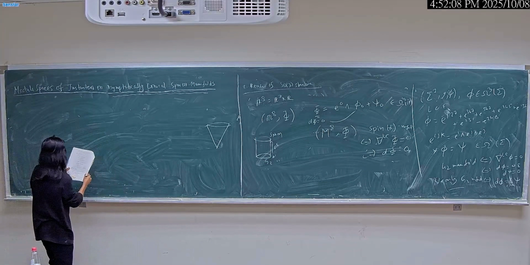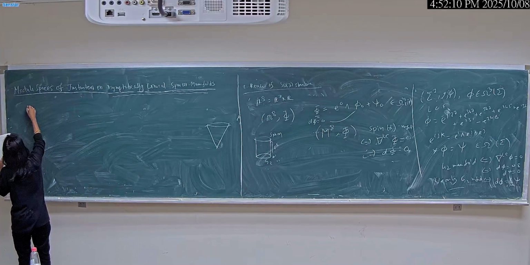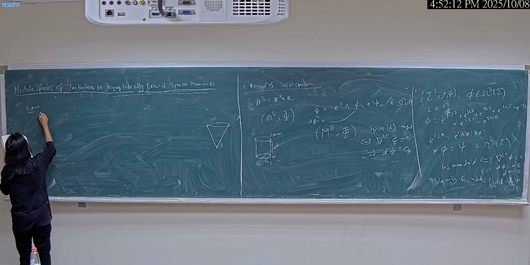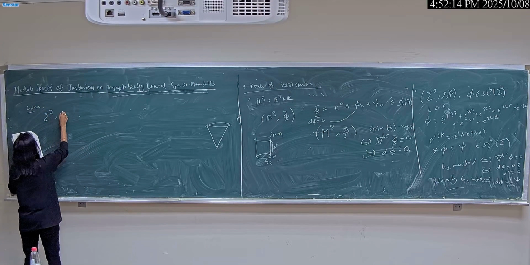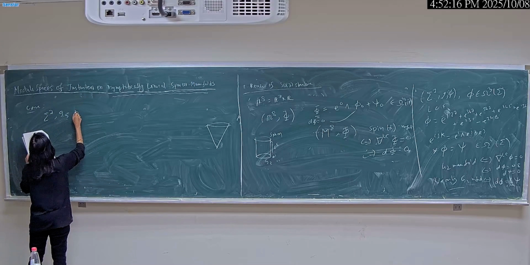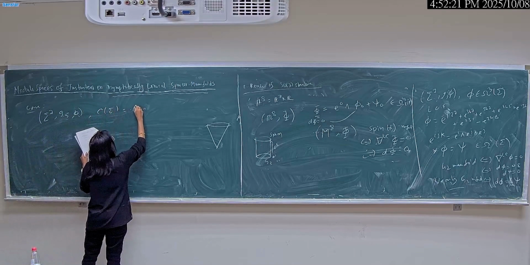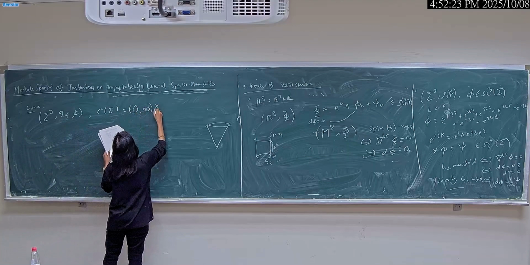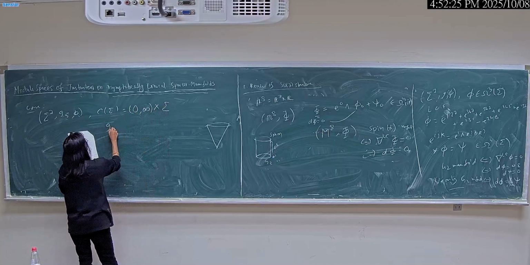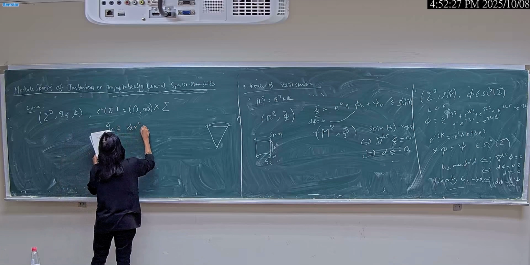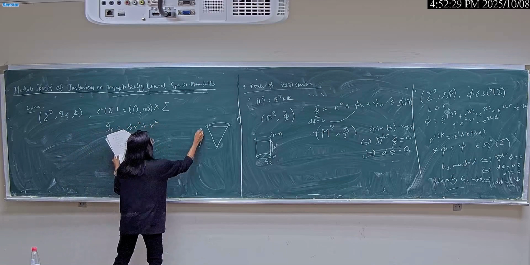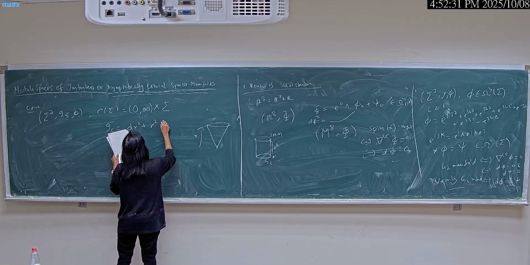And so let's quickly write down the expression. So I have the 7-manifold sigma. My cone is nothing but (0, infinity) cross sigma. The conical metric is dr squared plus r squared g sigma.